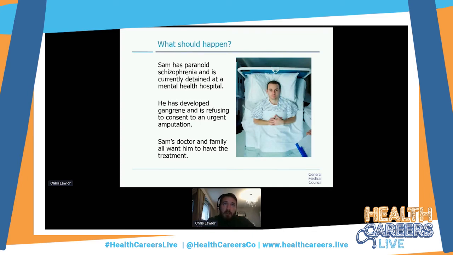I think the fact that he has paranoid schizophrenia is in there to maybe confuse you slightly, and that may make you think he lacks capacity to make a decision, but actually on assessment he did have capacity. So he was allowed to make these decisions. He understood the risks involved of not having the amputation, and ultimately it is the patient's decision to make, really.